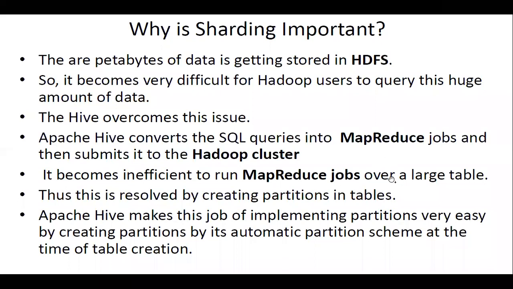That's why we go for partitioning the entire table into smaller parts. It makes the job of implementing partitions very easy through an automatic partition scheme at the time of table creation. There are two different partitions we are going to discuss. But whenever you use Hive, the partitioning or sharding will be done automatically, right?